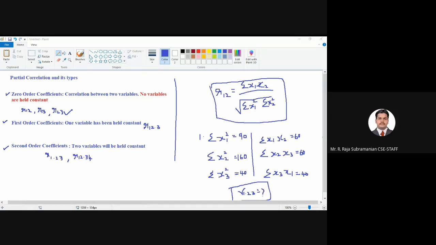First, I need to find R12, R13, and R23 by using these individual summation values, substituting into these formulas. Like Shruti said, we need to calculate the individual zero order correlations R12, R13, and R23, and based on that, the second order coefficient needs to be calculated, right? Just calculate it. We will also discuss it in the class next time.